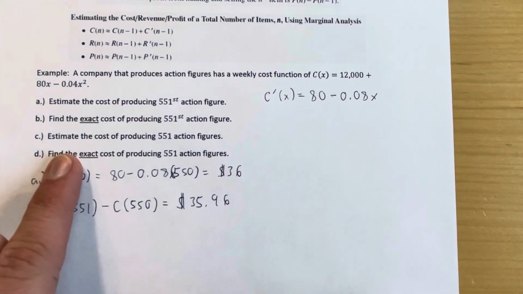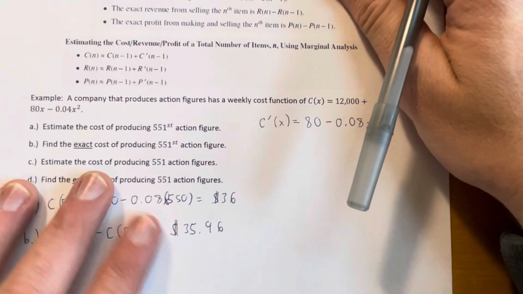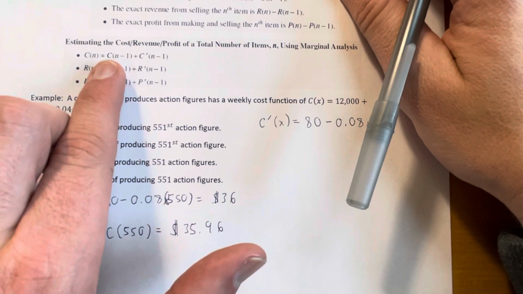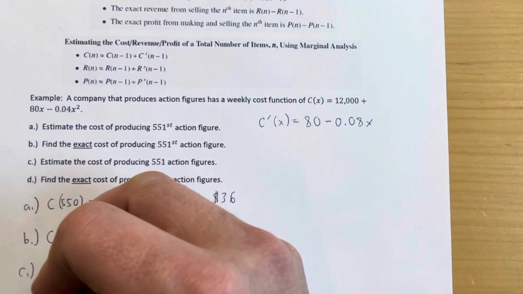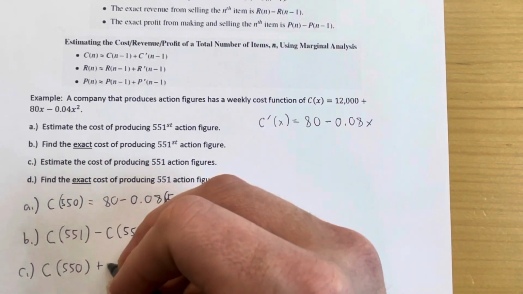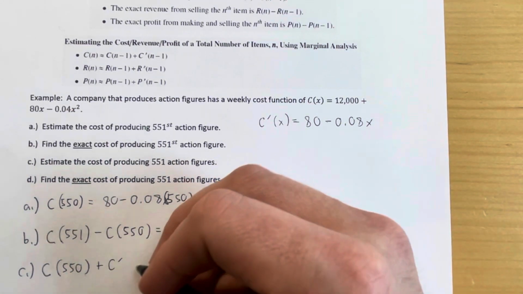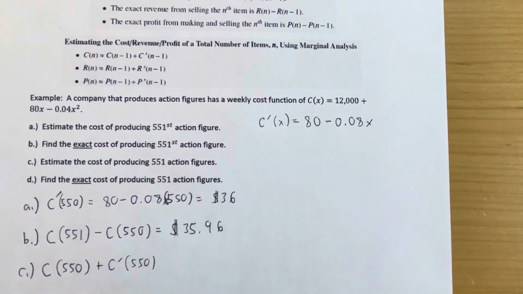Okay, so that's showing how close this estimate actually is. Part C, how do I estimate the cost of producing 551 action figures? That was from here. So we do C of n minus 1 plus C prime of n minus 1. That's C of 550 plus C prime of 550. And I just noticed up here, I meant to write a C prime right there.